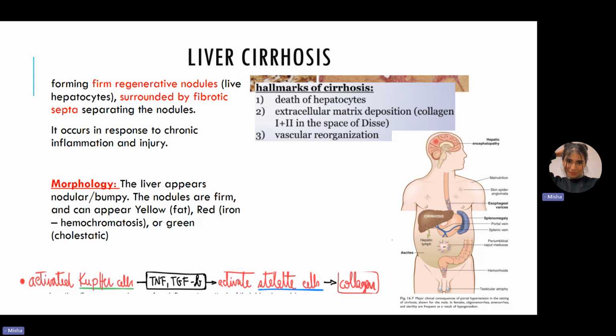Some of the more important ones are portal hypertension, ascites, and esophageal varices, which can lead to death because they can burst and the person can have an extreme amount of bleeding. So remember that. And obviously hepatocellular carcinoma and hepatic encephalopathy.